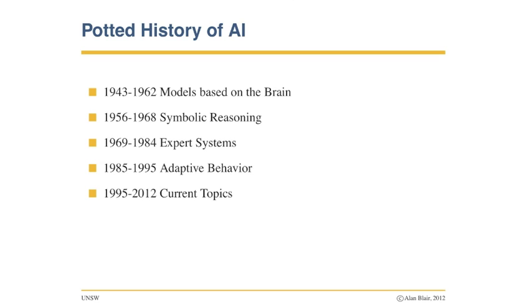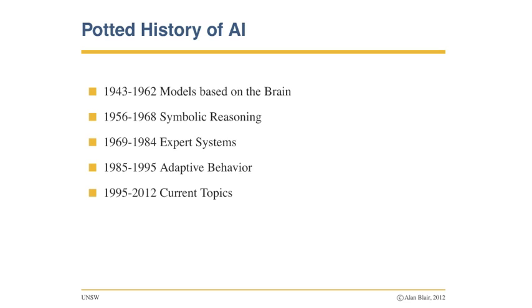Okay, so for the rest of this lecture, I'm just going to go back to give you a bit of a simplified history of artificial intelligence from the 1940s up and through the 1950s. Most work was focused on studying the brain and trying to have models that are based on the brain.